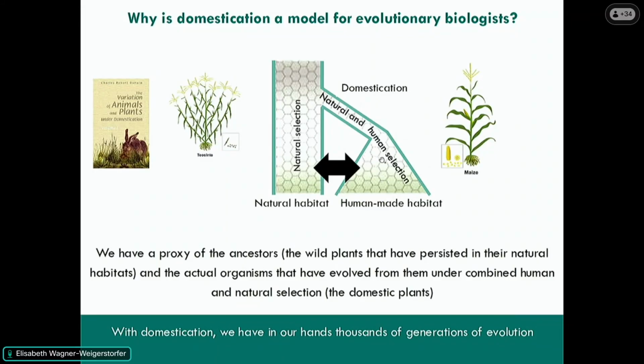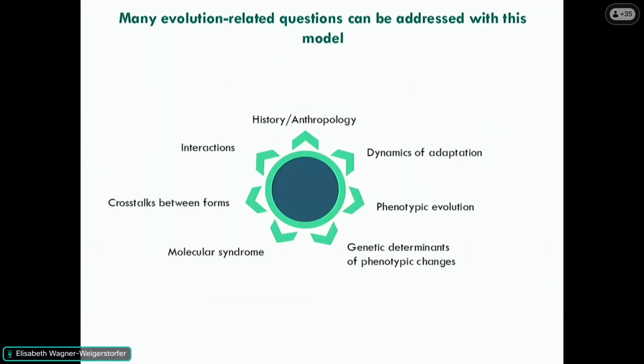And the interesting thing is that crops and their wild relatives, for a lot of them, continue to exchange gene flow. So it's a process of divergence with gene flow. And again, you have in your hands thousands of generations of evolution, and you can compare the proxy for the ancestors and the derived plants and ask a number of questions, right?